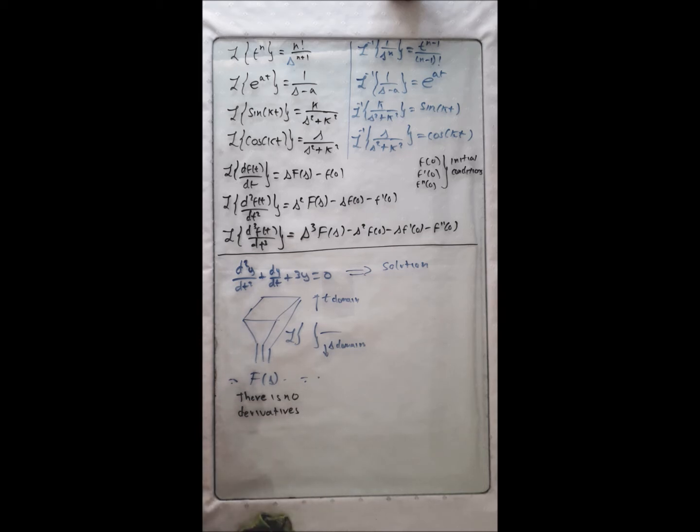Here the problem is very complex because you have derivatives and you cannot factorize the y from here, here, and here. But because in the s domain there is no derivatives, then it becomes only an algebraic problem. Only to find capital Y of s. So that is the advantage.